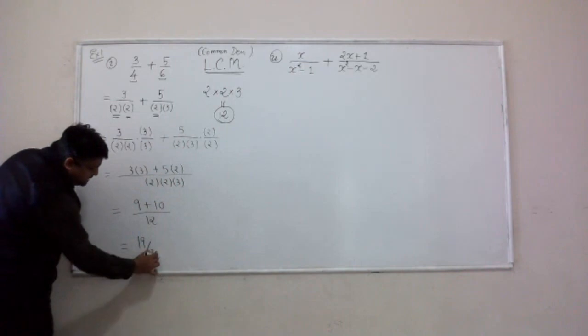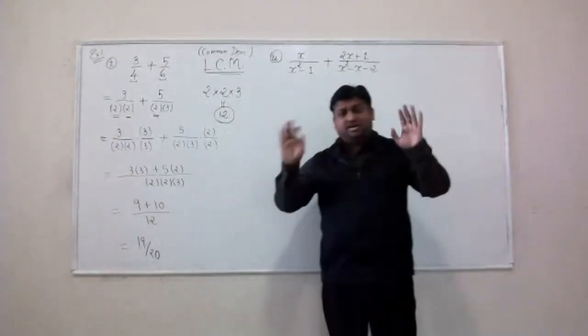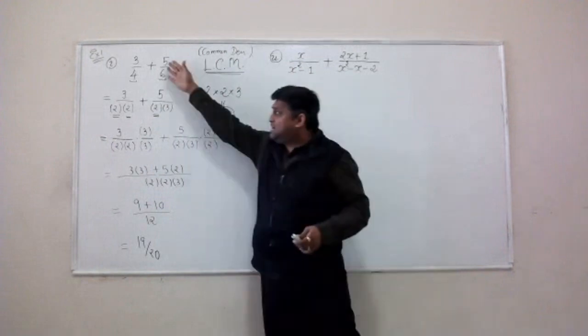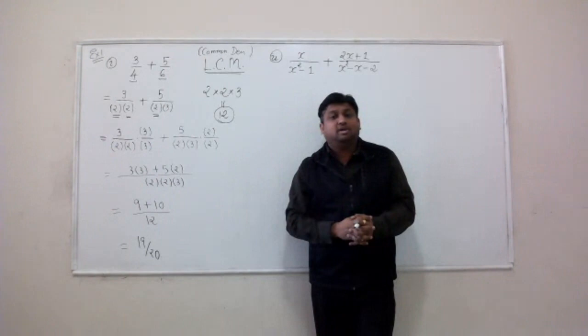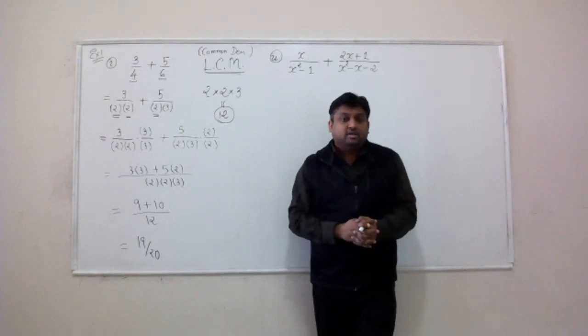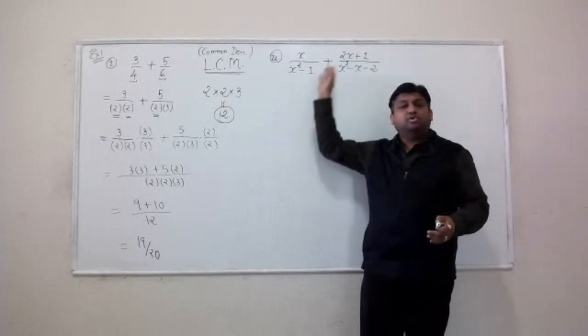We end up getting 19 over 12. Again, I know that all of you perhaps are aware of this technique. I just wanted to remind you of that idea so that you can connect it with what we are going to do now.